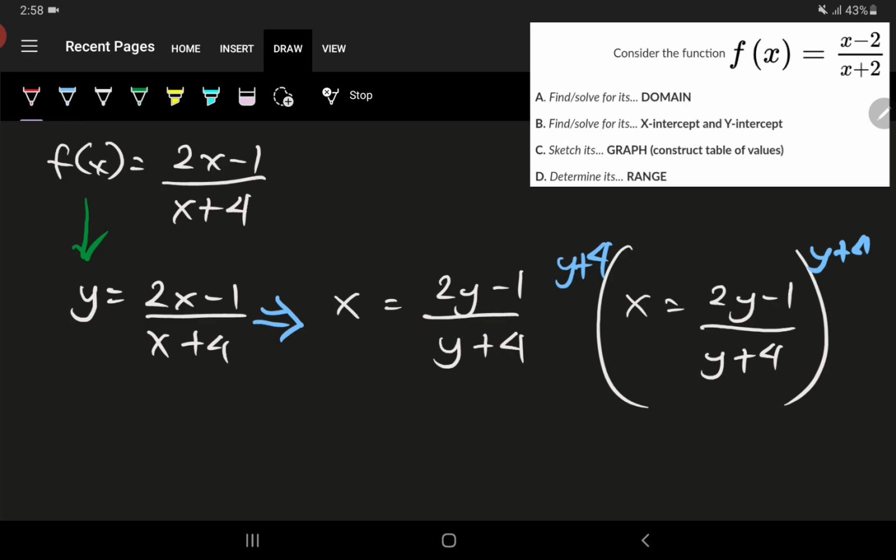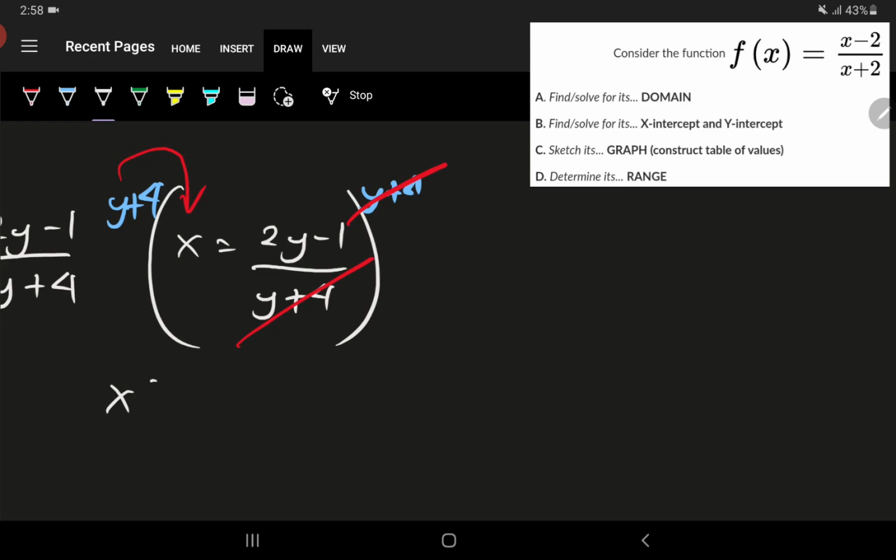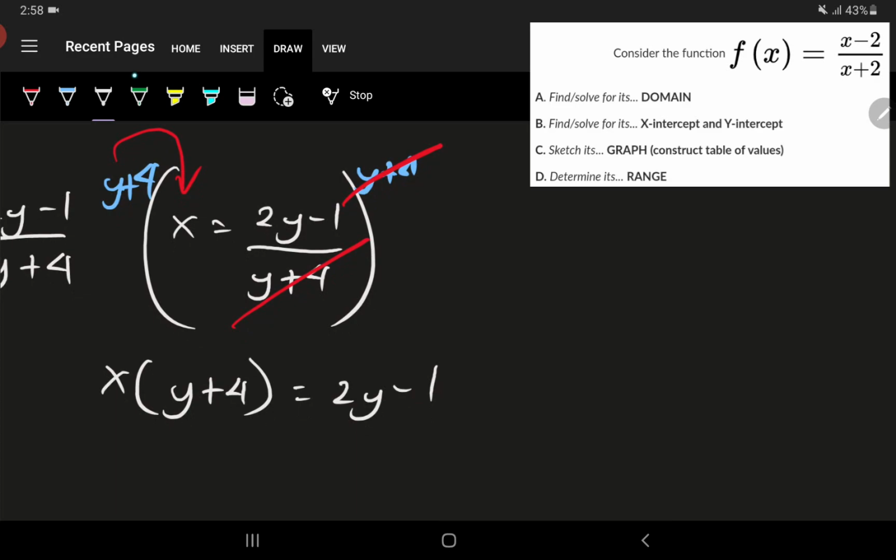So cancel out this denominator and multiply this to our value of x. That means we have x times (y plus 4) equals 2y minus 1. Let's simplify this. Distribute the value of x. That means we have xy plus 4x equals 2y minus 1.